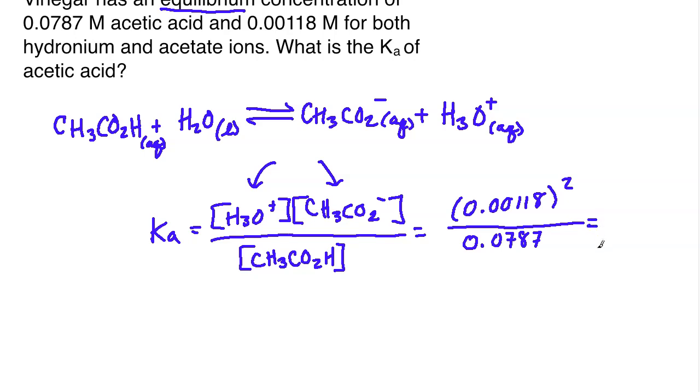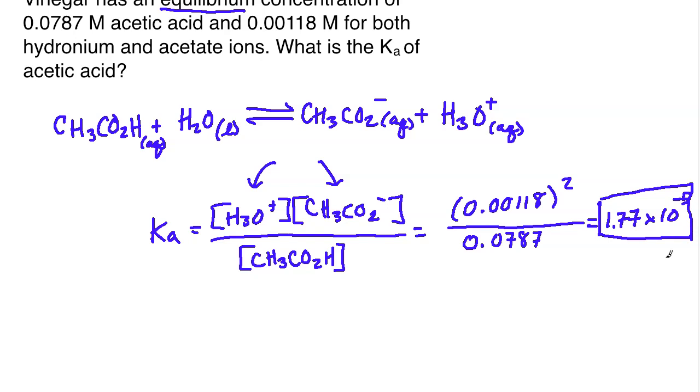If you put that into your calculator and solve that, you should end up with 1.77 times 10 to the negative fifth. And that would be the Ka for the acetic acid.